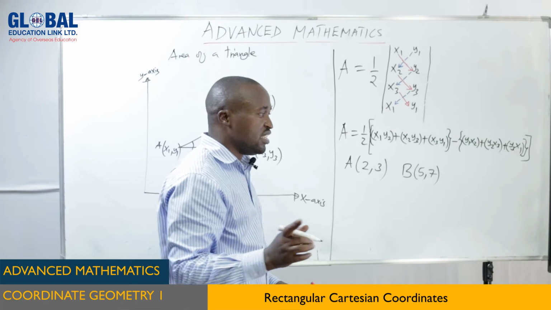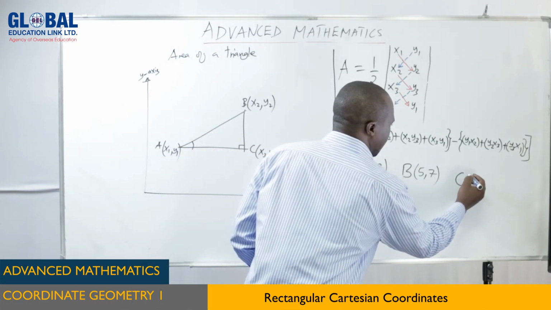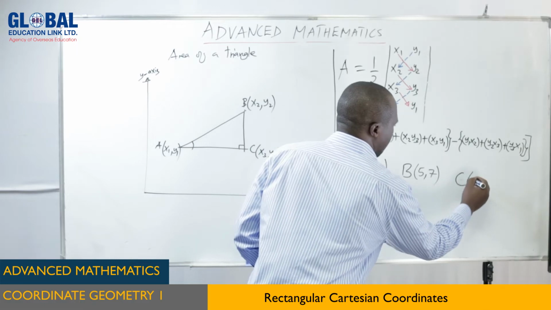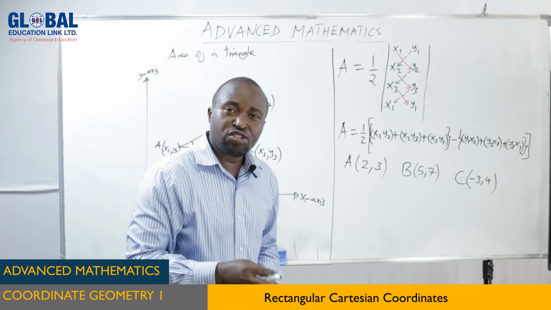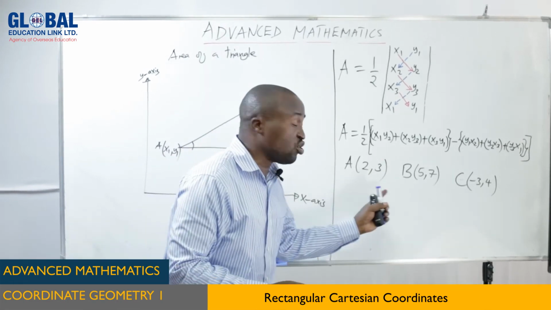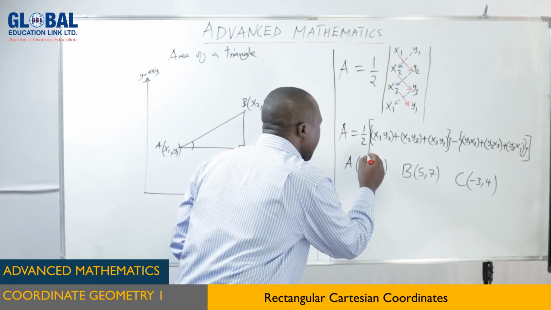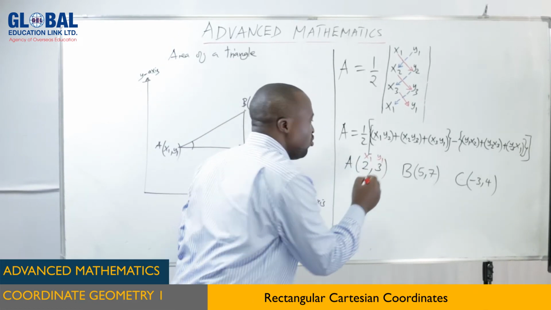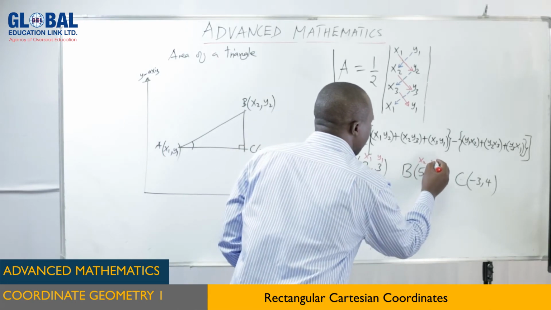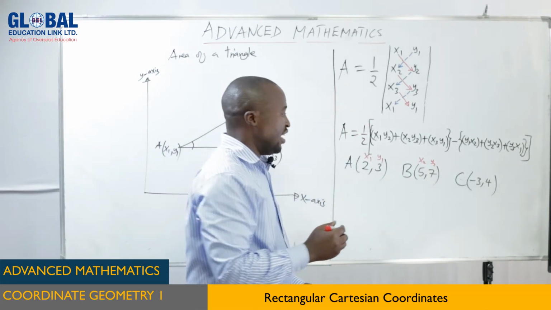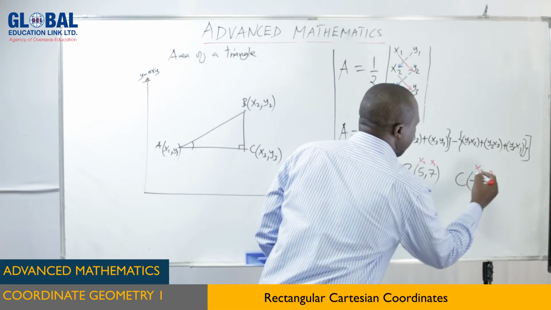And the last coordinate, C, we have -3, 4. So, my dear student, you can label these coordinates to avoid confusion. Remember we have x1 and y1, followed by x2 and y2, and the last one is x3, y3.